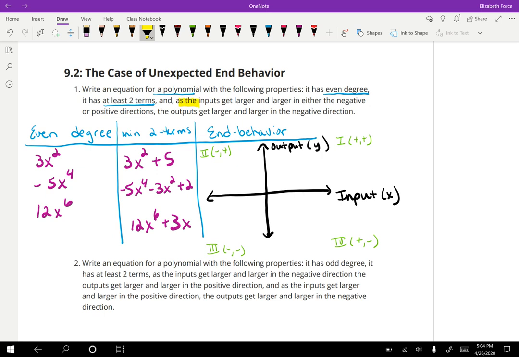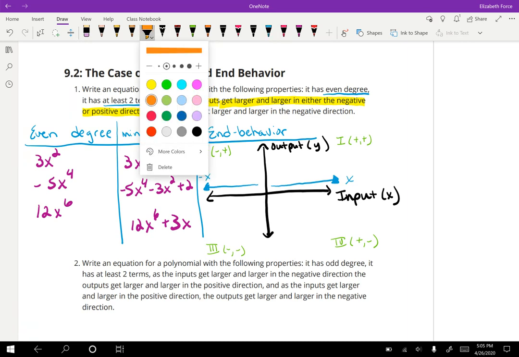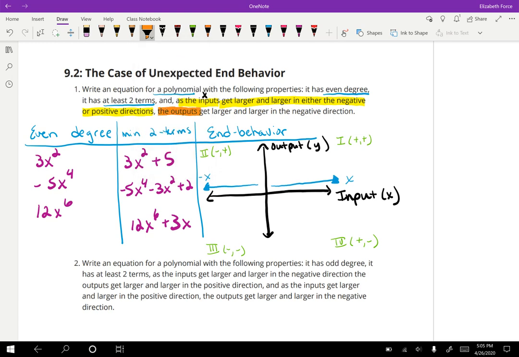So as your x values get larger and larger in either negative or positive direction, whether larger in the positive or larger in the negative, here's positive x, here's negative x, the outputs, remember outputs are y values, get larger and larger in the negative direction.